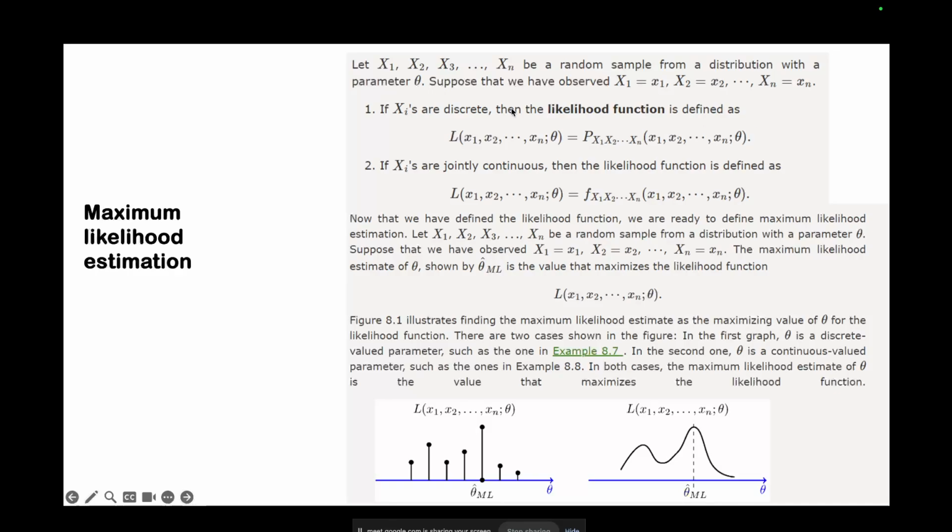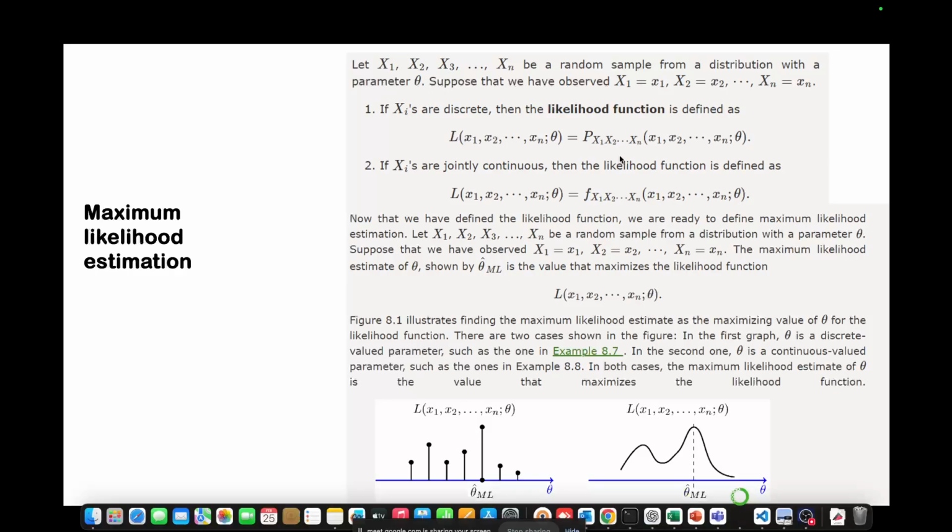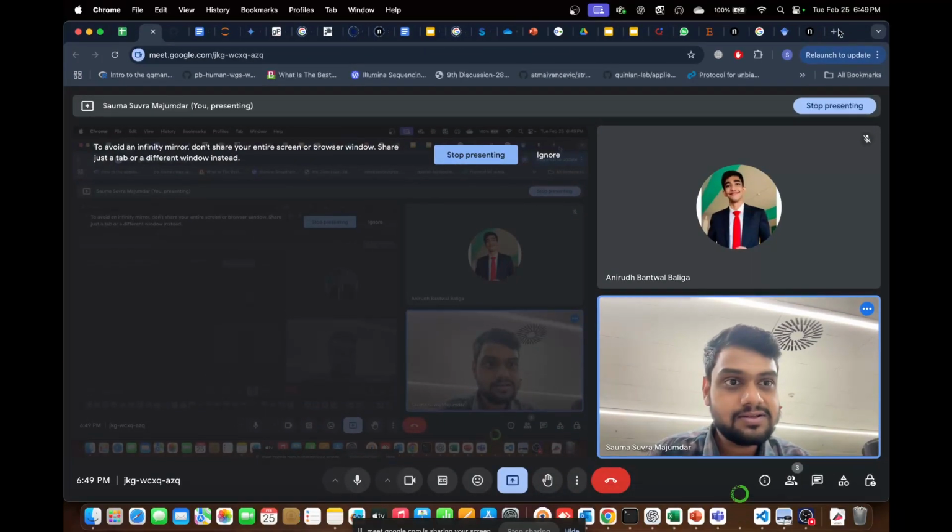Now, how you define this particular sampling distribution that you are sampling from, x1, x2, x3, xn, will determine how your equation looks. If you assume that this is a normal distribution, then you just need to replace this with the equation of a normal distribution, which looks something like this.